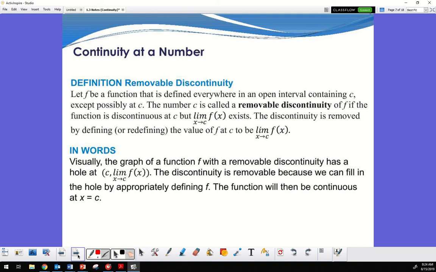What I mean by that is my graph is going to go, open dot, and continue. That's a hole. Just at that single point, there would be a hole. All right, so I'm pretty sure you guys could read through this.